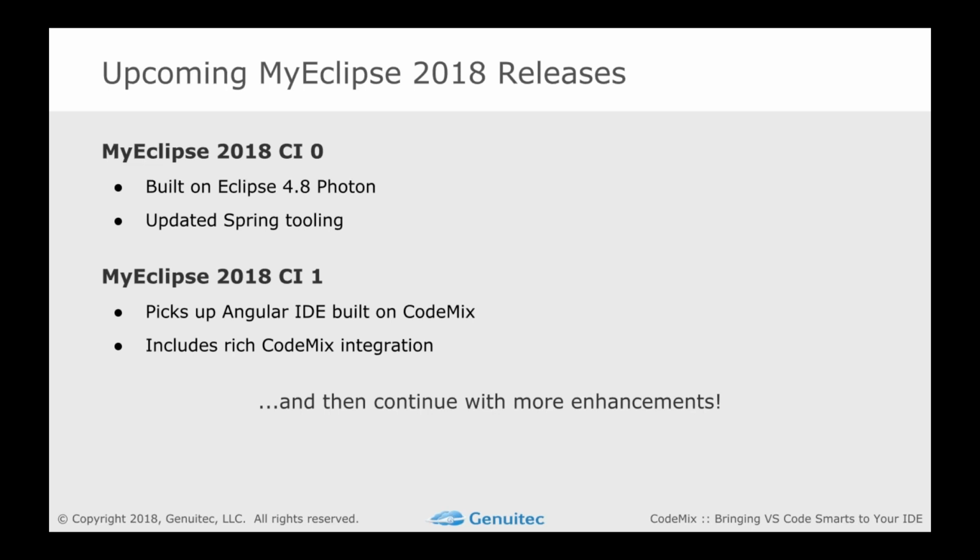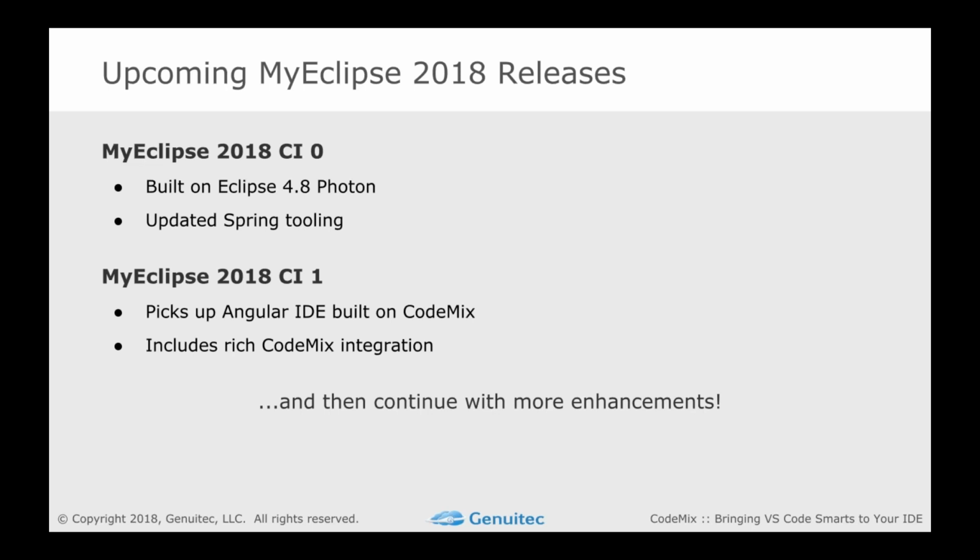for Spring Boot projects. Now, in 2018 CI1, we're going to be integrating CodeMix with MyEclipse. So you'll no longer need to install it separately as you do now. So just to reiterate, you can install CodeMix into MyEclipse 2017 right now, but with 2018 CI1, it will be part of MyEclipse.